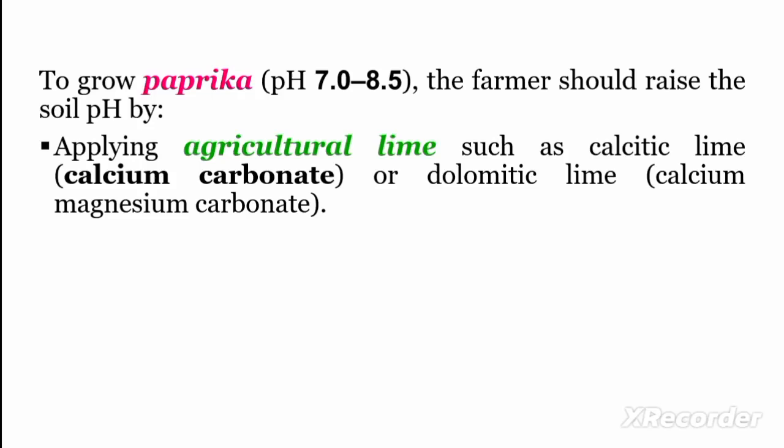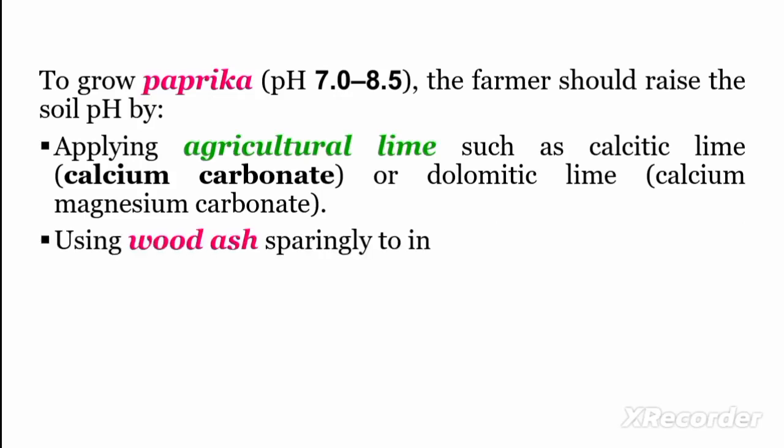So to raise the pH of the soil from 5.0 to 5.9 to this pH, we need to add lime to the soil.